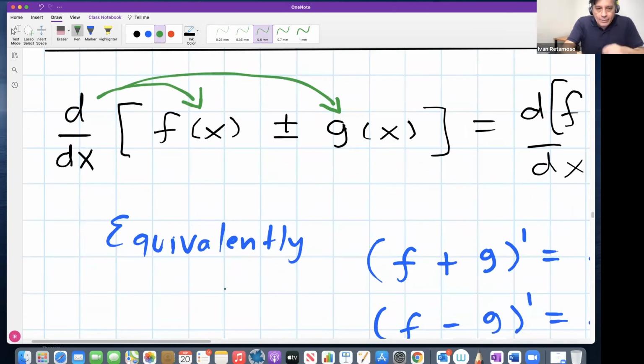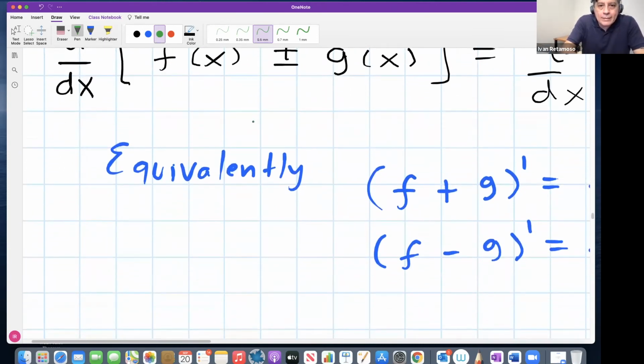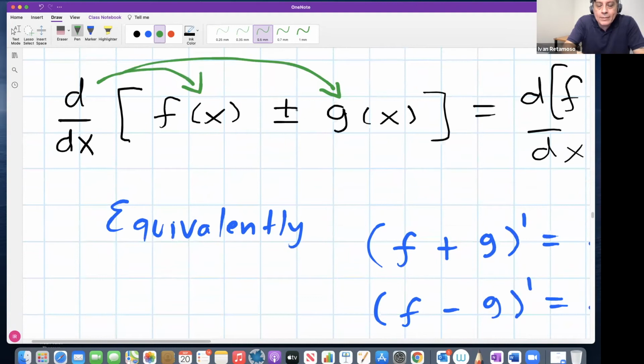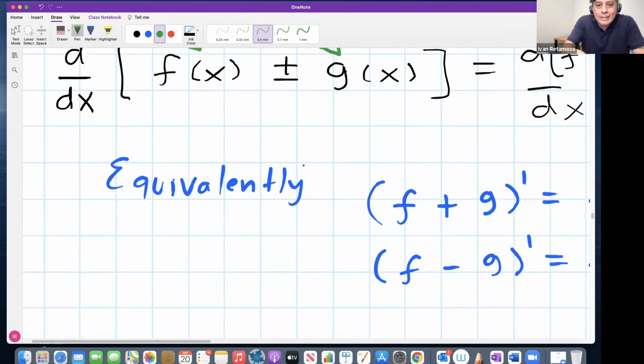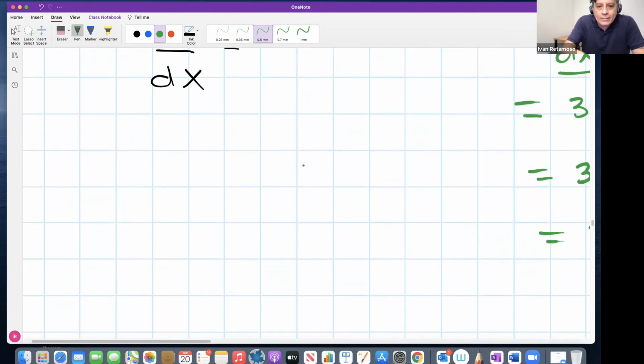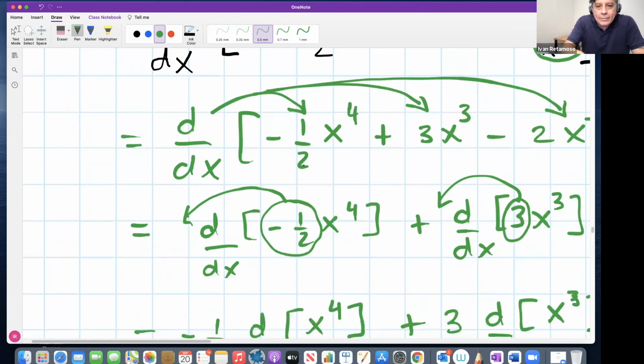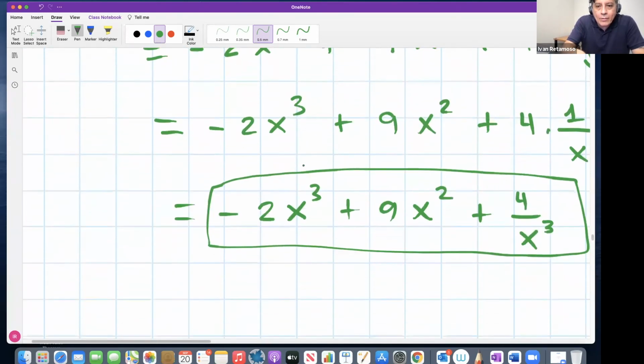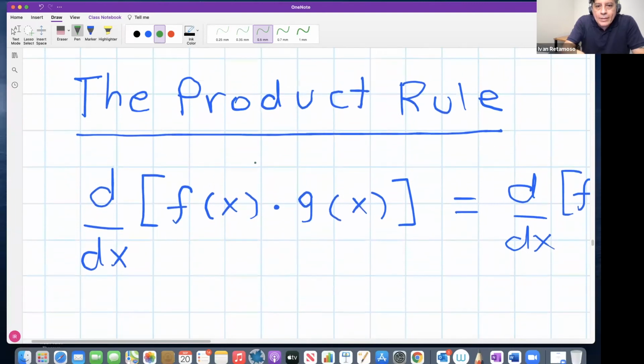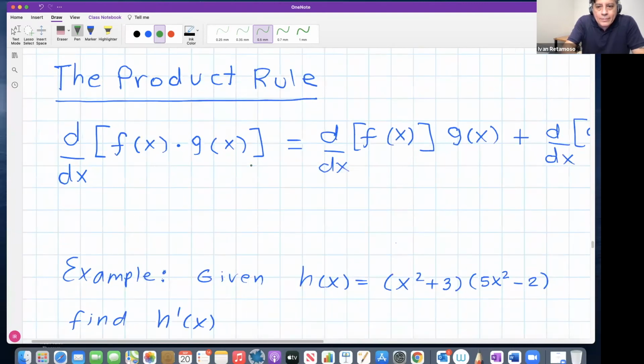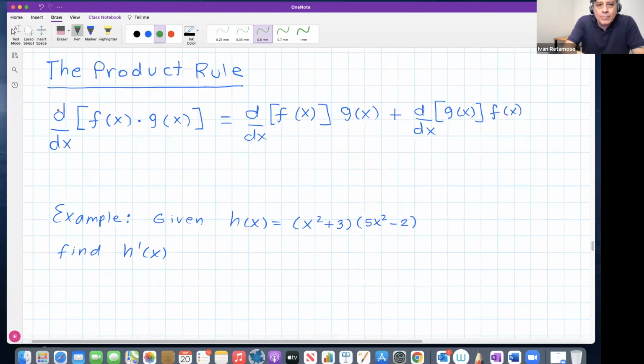Remember I said derivatives are friends of sums and differences, in the sense that you can distribute over a sum or a difference with the derivative, right? But turns out they are not so nice when it comes to products and quotients. You cannot distribute your derivative over a product this way.